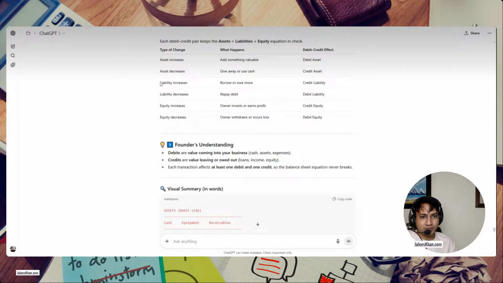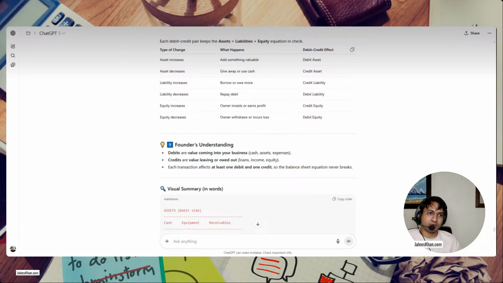So here we can see that if liability is increasing, then the value of the owner, okay.